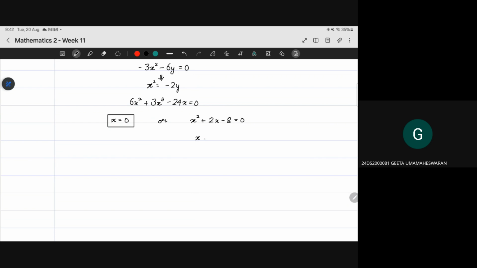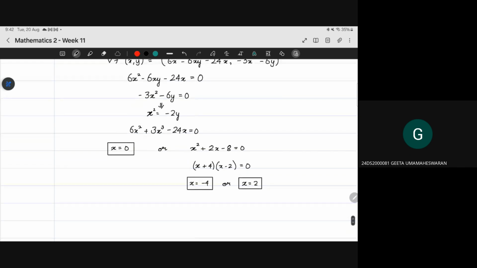And this is x plus 4 into x minus 2. And corresponding y values you'll get.